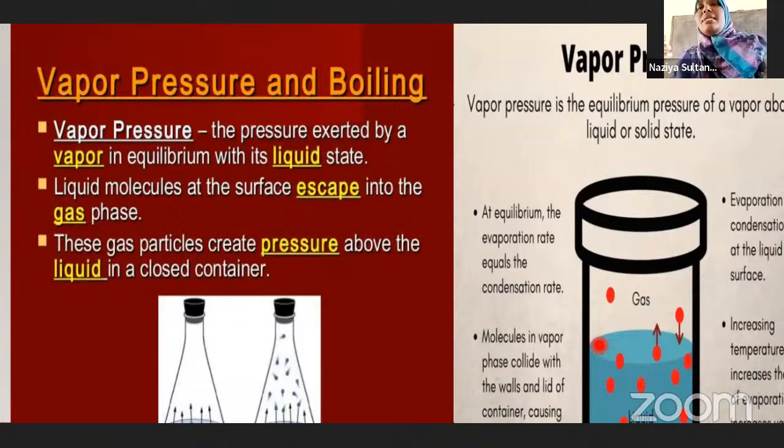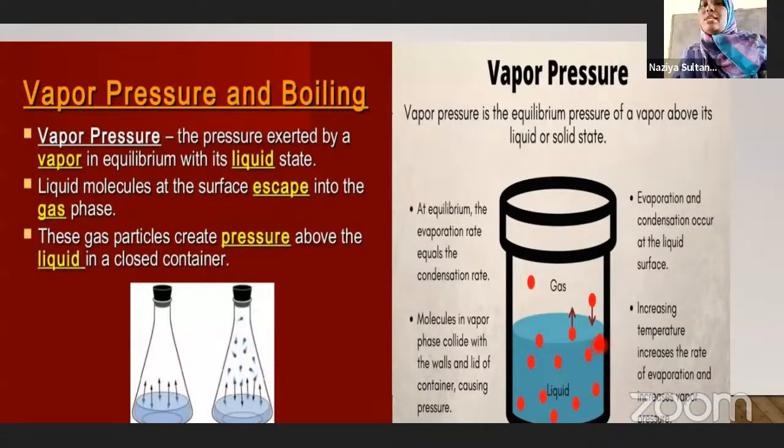Conversion of vapors into the liquid. Evaporation is liquid into vapor. So at a particular stage, the rate of evaporation is equal to the rate of condensation, and that is called saturated vapor pressure.